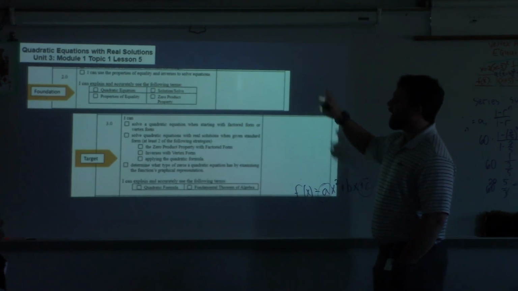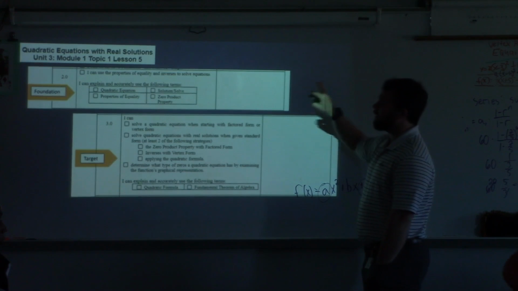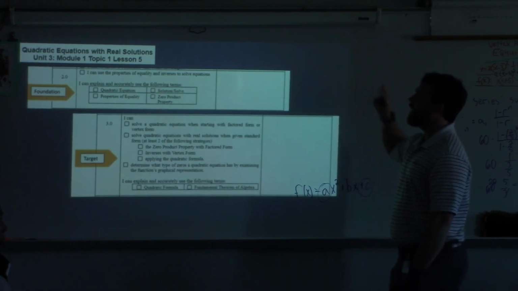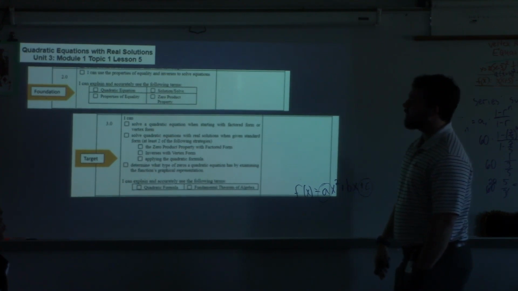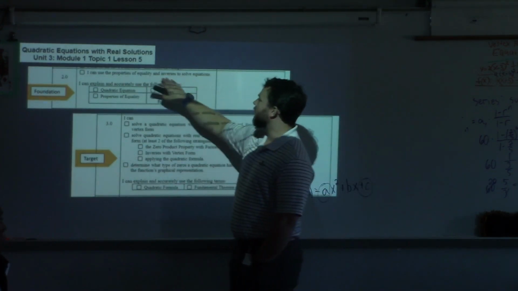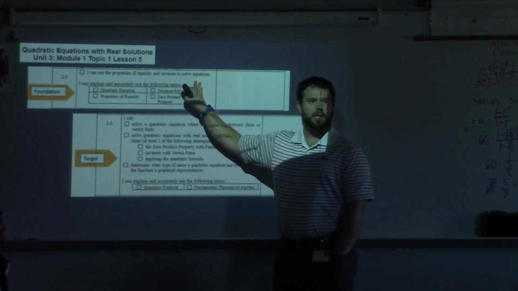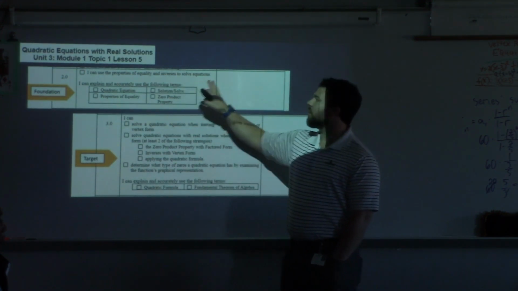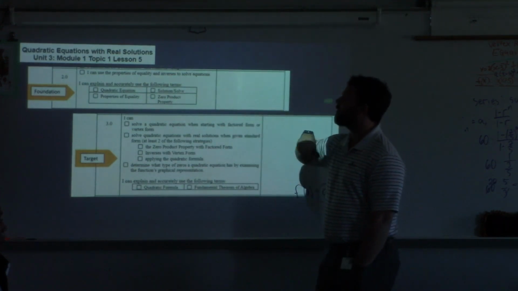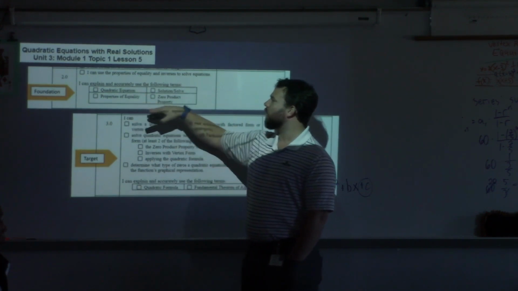When I put foundation on this one, I focused more on things that I know we should have studied heavily in Algebra 1. And so the foundation here is being able to use properties of equality and inverses to solve equations. We've already done that a little bit in this class with the last unit, and we're going to continue working with that today. We're going to be looking at quadratic equations.